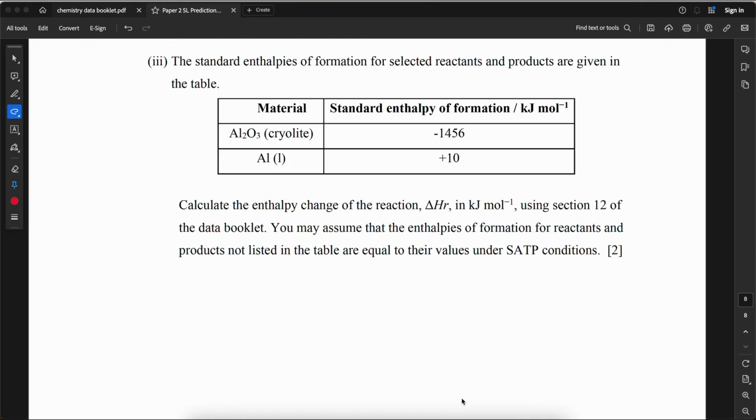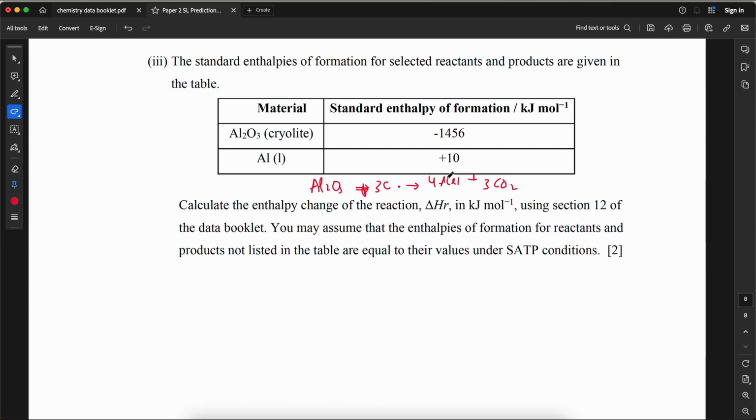The standard enthalpies of formation for selected reactants and products are given in the table. These are the Al2O3 with the standard enthalpy and then Al. So the reaction is 2Al2O3 plus 3C produce 4Al plus 3CO2.